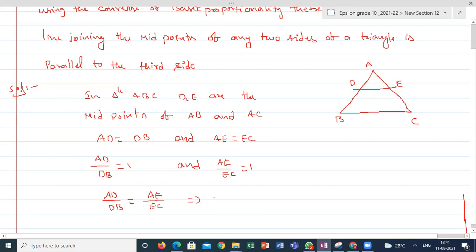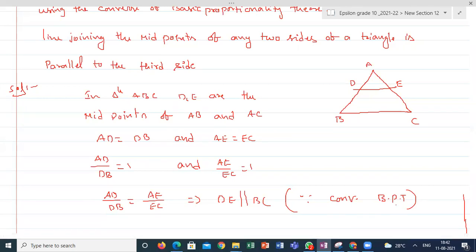So from here, I can write DE is parallel to BC from the converse of the basic proportionality theorem, applied for AD by DB equal to AE by EC for triangle ABC. Are these steps enough to explain this question? Sir, is it clear what I'm saying?